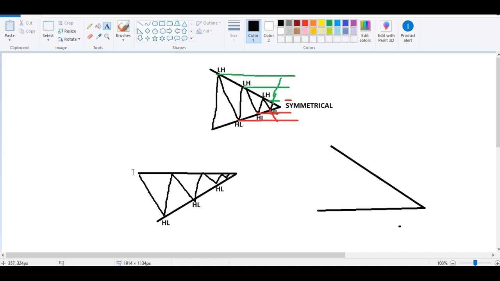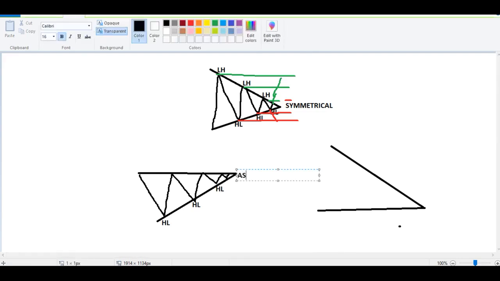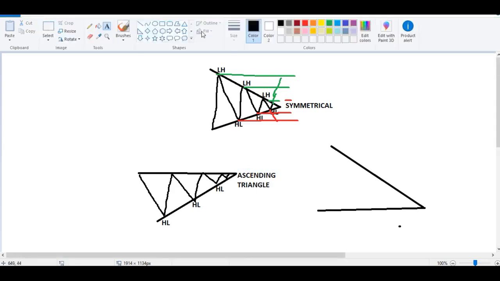Similar highs, where the highs are almost the same or near and about the same. Okay, we mainly want to see higher lows happening. So this is called my ascending triangle pattern. Okay, ascending triangle pattern.